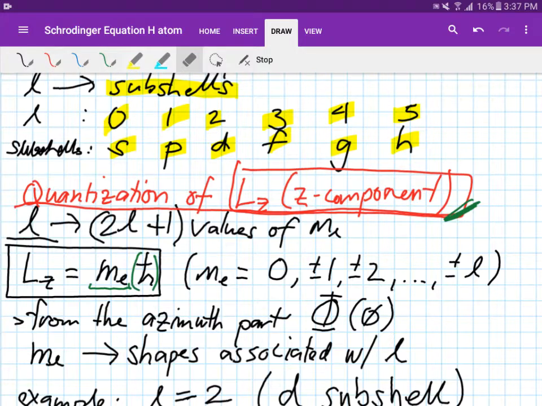So m sub l ranges from 0, plus minus 1, plus minus 2, all the way to plus minus l. It arises from the azimuthal part of our solution.